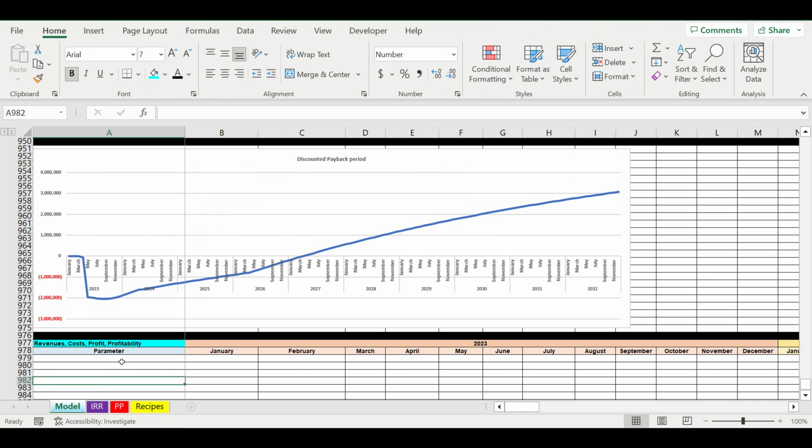So the first line will be revenues, then costs, profit, then profitability.